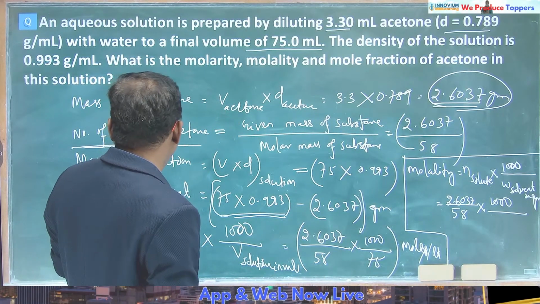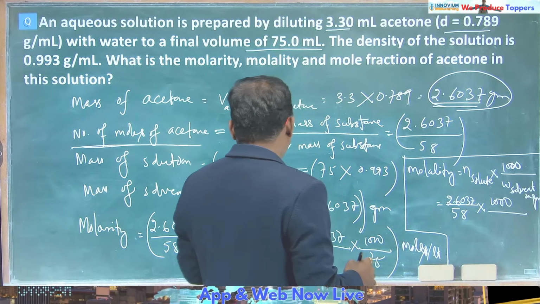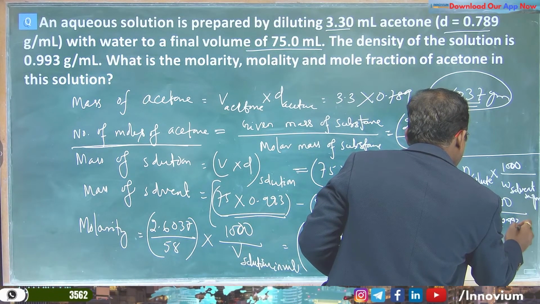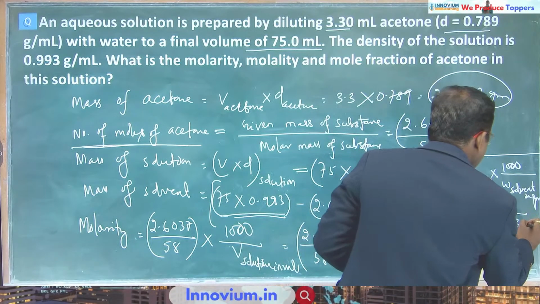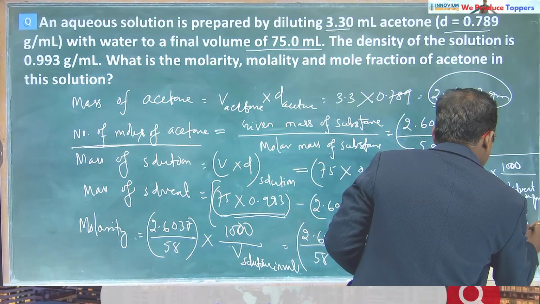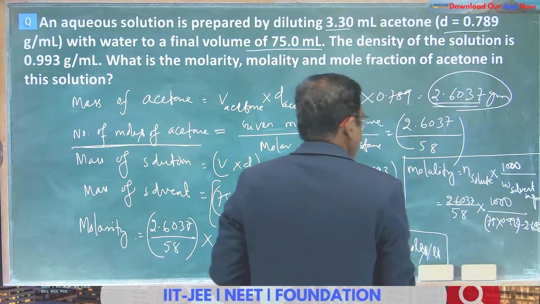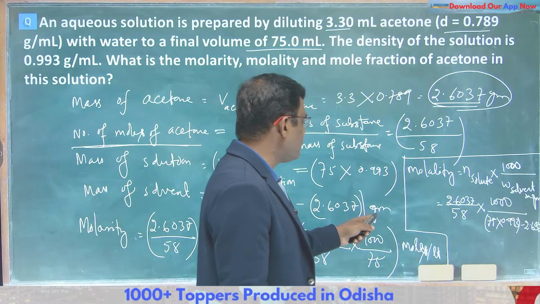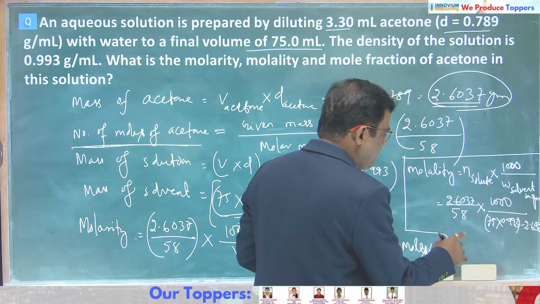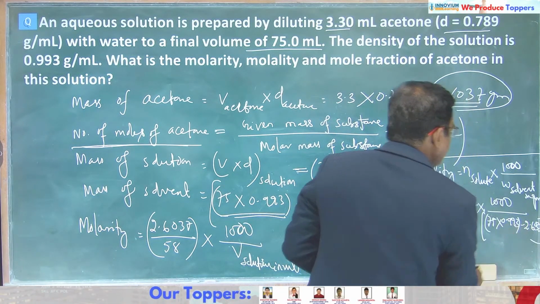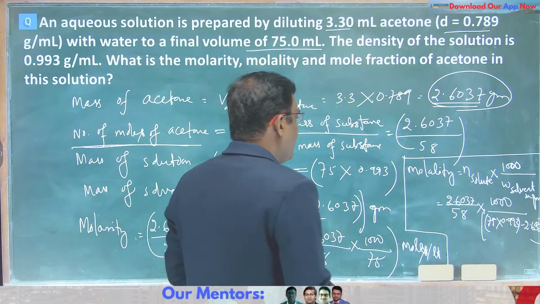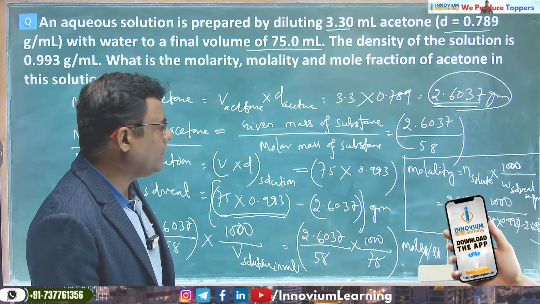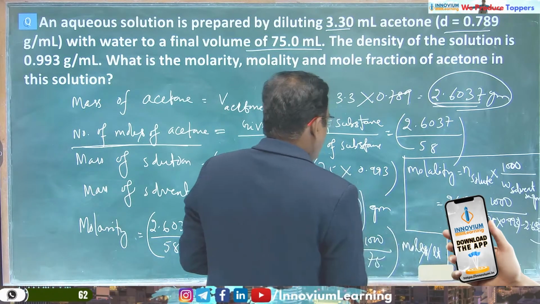What is the mass of solvent in gram? That is this one, 75 into 0.993 minus 2.6037. This result represents the mass of solvent in gram. On simplifying this, we can easily calculate the molality. So we got the result for molality.